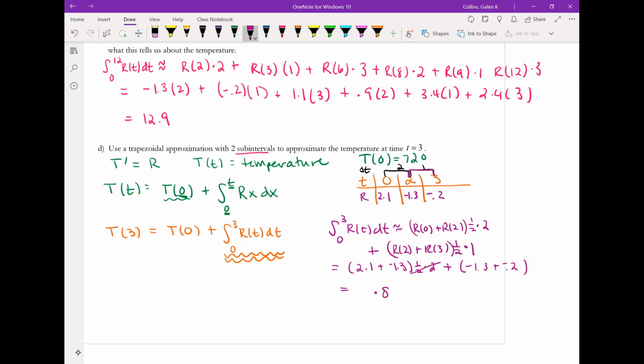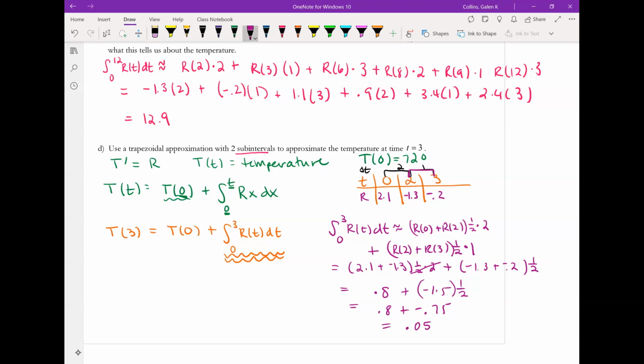And then when we do negative 1.3 plus negative 0.2, that is, oh, and you know what? I forgot my 1/2 here, sorry. So times 1/2 times 1, and the 1/2 and the 1 are just 1/2. So that would be plus a negative 1.5 times 1/2. So 0.8 plus negative 0.75, which is a positive 0.05. Okay, so that's just the trapezoidal part of my approximation.